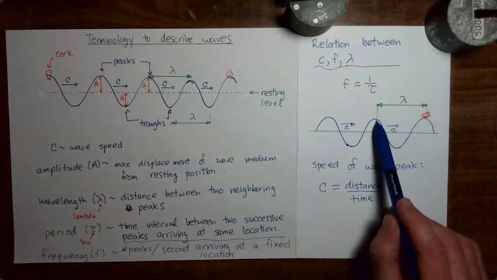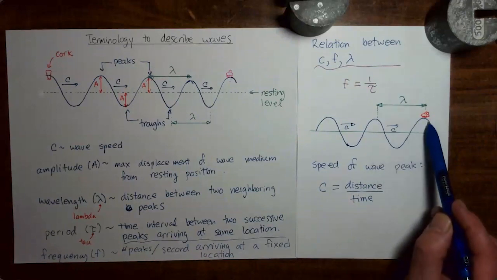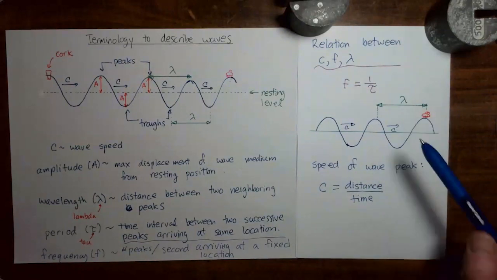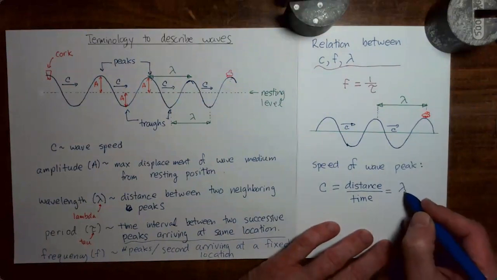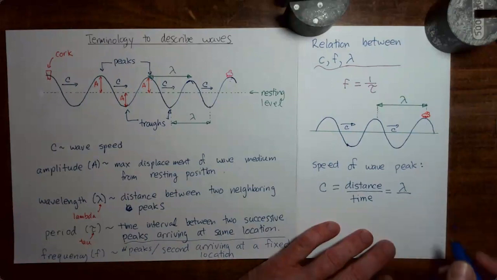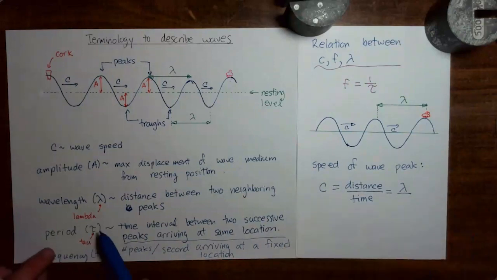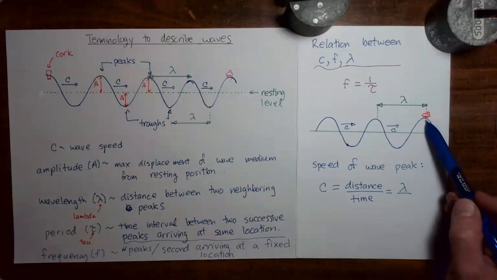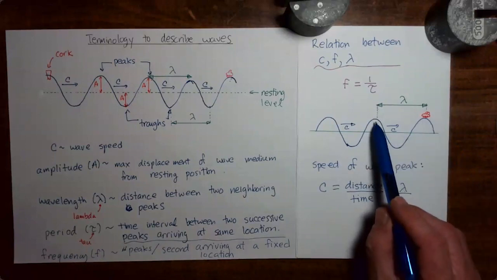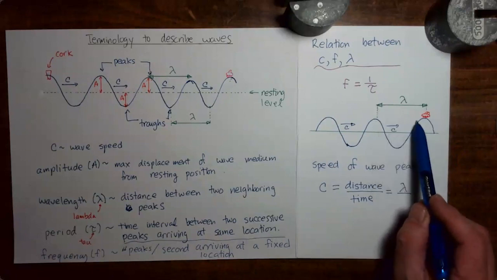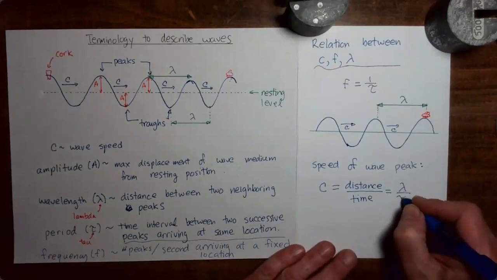As the wave peak moves from here to here, the distance that it travels would be one wavelength. So I'm going to put in lambda for the distance. Now, the time interval between two successive peaks arriving at the same location is the period. So if the insect is sitting on top of a peak right now, then the time it would take the peak to get there would be one period. Let me put that in here.